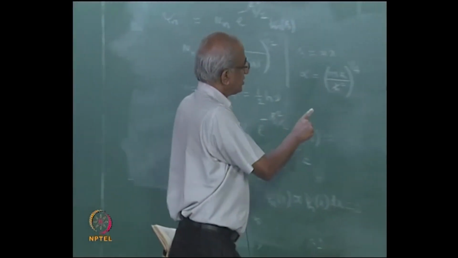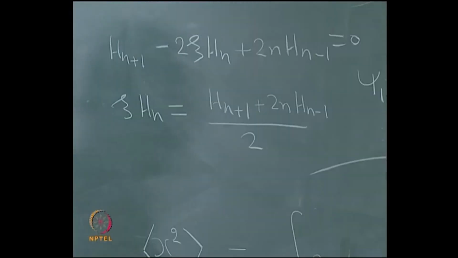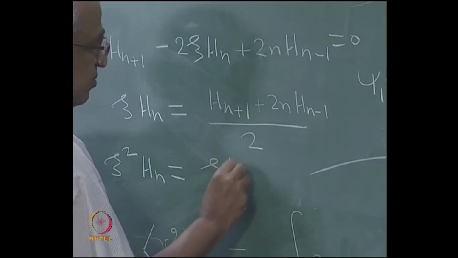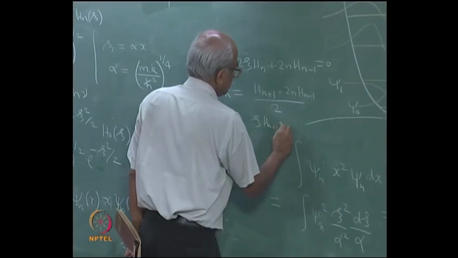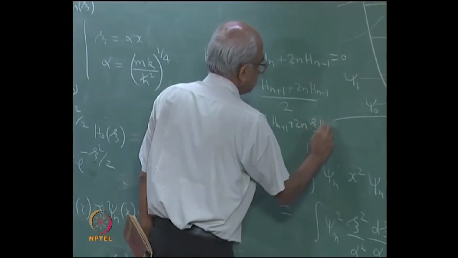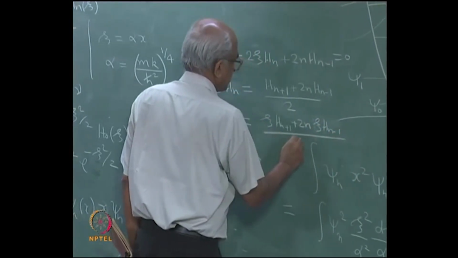So, c times H n I can write like this, and therefore, if you multiply this by c, c square H n will be c H n plus 1 plus 2n c H n minus 1, divided by 2.